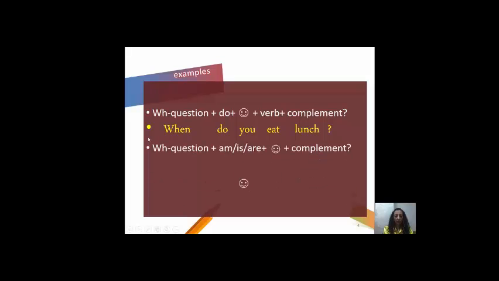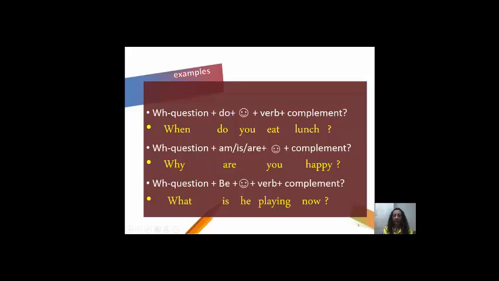Another one is verb to be. If we have verb to be in our sentence, we begin the yes or no question with the verb to be. For example, are you happy? This is a yes or no question. Then we put why at the beginning of these questions to change it to a WH question.